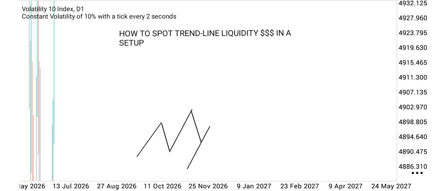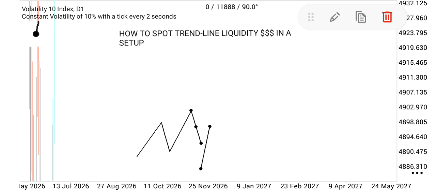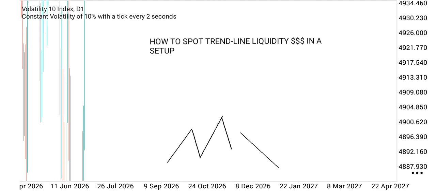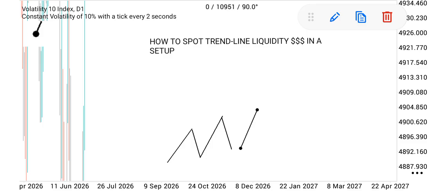Understanding what a trend means helps you understand trendline liquidity. It's a very easy concept to understand. It takes understanding what it means to see a trend. So I'm trying to show you an example of a trend so you understand what a trend is.